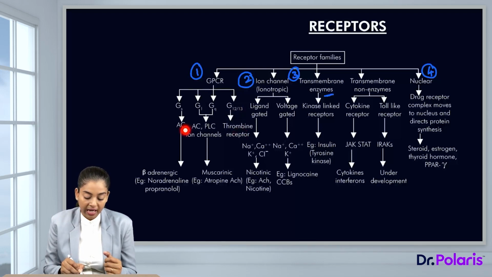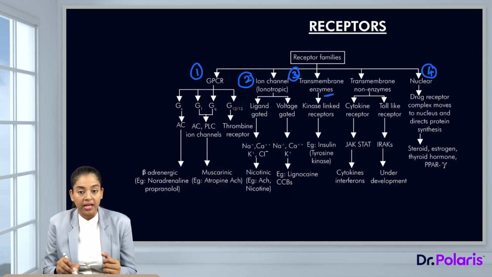So GS activates or increases adenyl cyclase enzyme. One example is beta receptors. GI and GQ, they increase adenyl cyclase or phospholipase enzymes, ion channels basically. Example is muscarinic receptors. G12/13, as I already said, is a thrombin receptor. Ion channels can be either ligand gated or voltage gated.